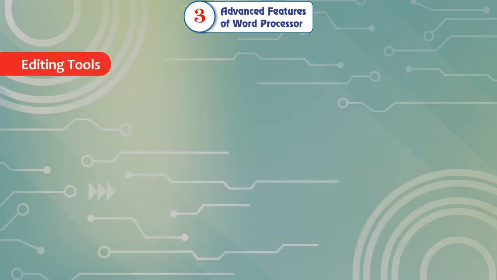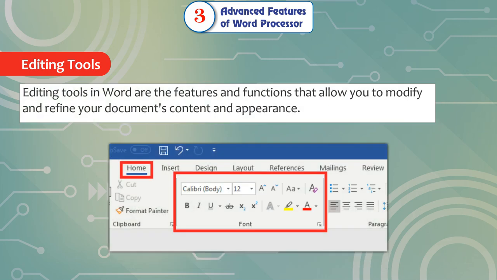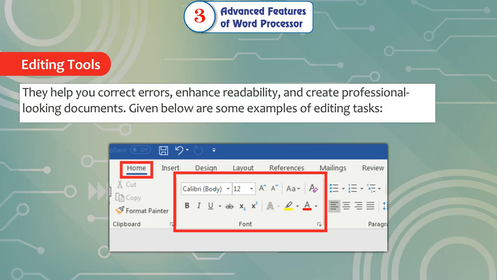Editing Tools. Editing tools in Word are the features and functions that allow you to modify and refine your document's content and appearance. They help you correct errors, enhance readability, and create professional-looking documents.